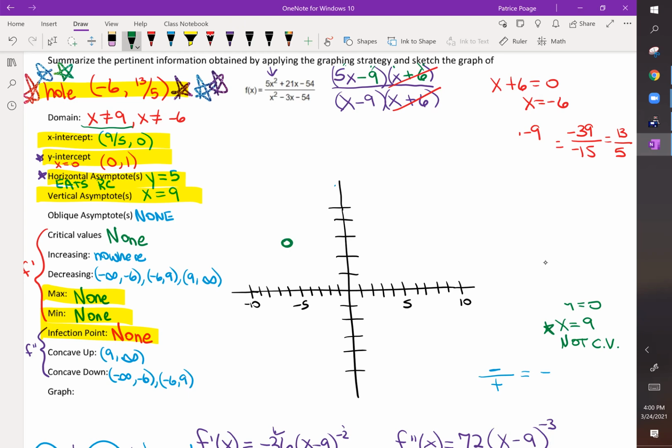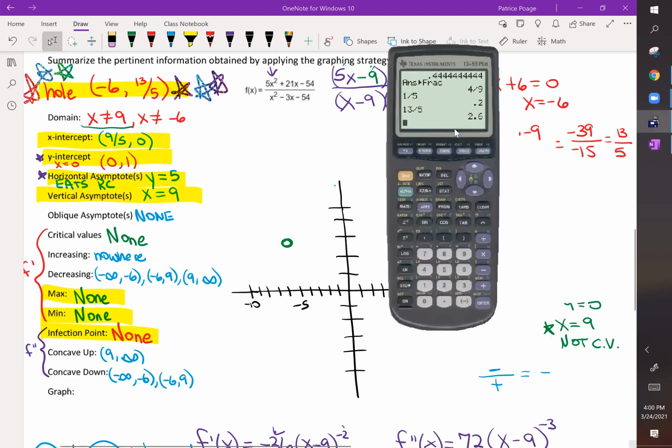An x-intercept at 9/5, which is, did I not do that? I don't know. We just did 13/5. That's right. It's been a long day.